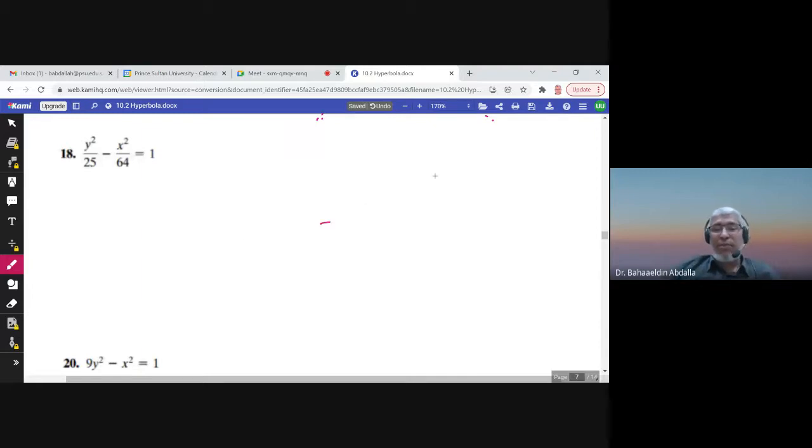The same, we start by the center. The center is 0, 0. From the center I go 5 units up and down because that is beneath y squared. Beneath x squared I have 64, so I go 8 units right and left.